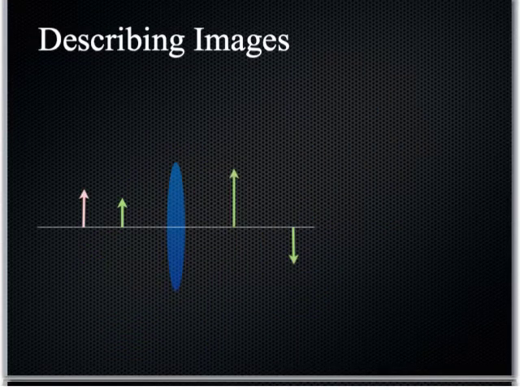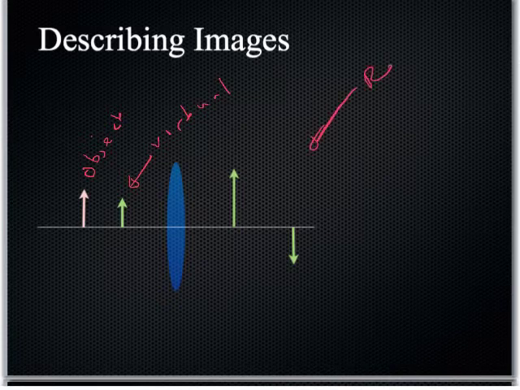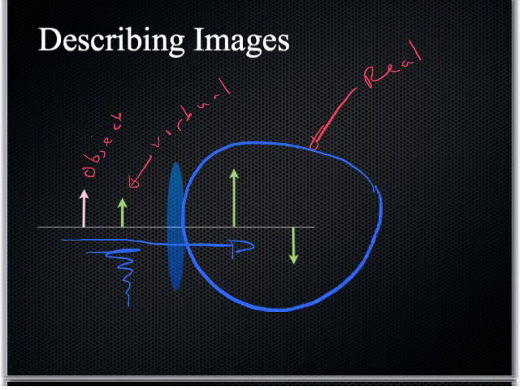Okay, when we're looking at lenses, we have a few describing words. So there is an object, and we have 3 images. This one here is virtual, and these 2 are real. If you think about it, the light on this side is not really there. The light's actually travelling from the object through the lens, so the actual light is found on this side.